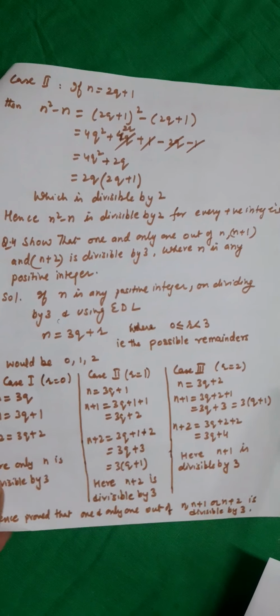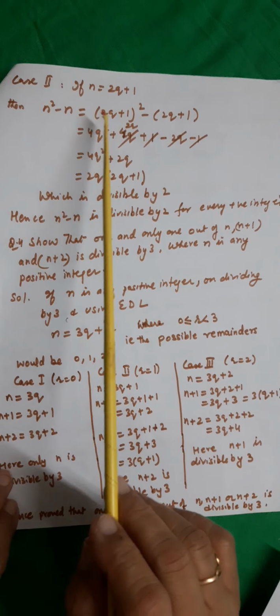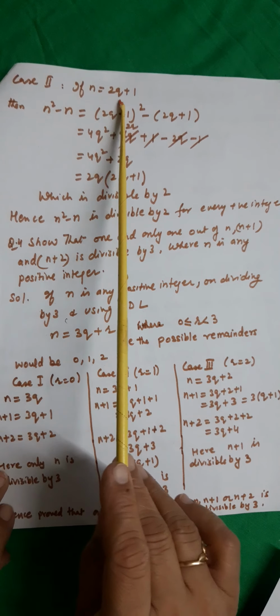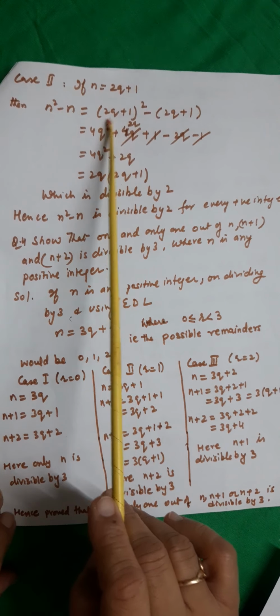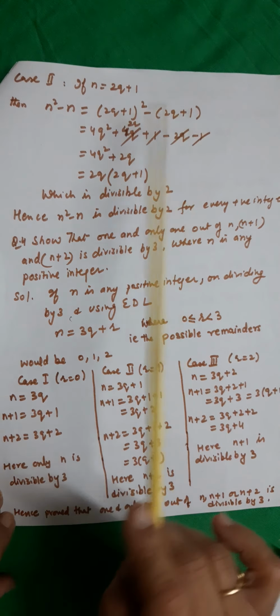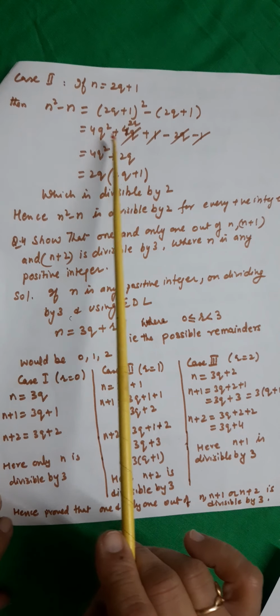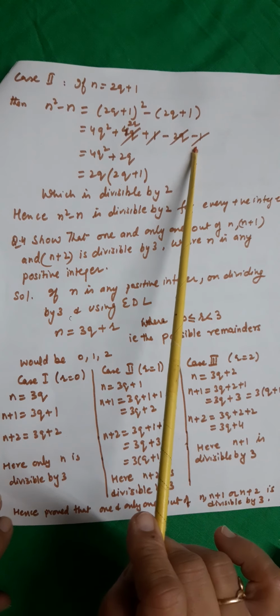Case second. In case second, we have if n is equal to 2q plus 1, then n square minus n will be equal to (2q plus 1) whole square minus (2q plus 1). Open it, 4q square plus 4q plus 1 minus 2q minus 1.